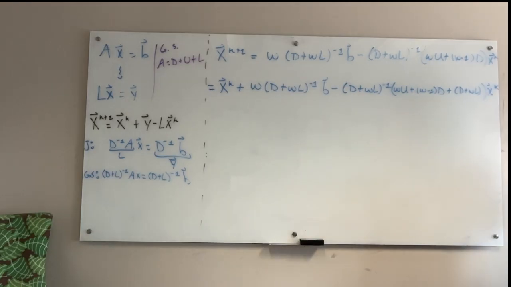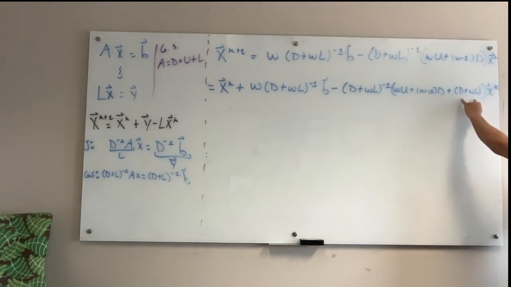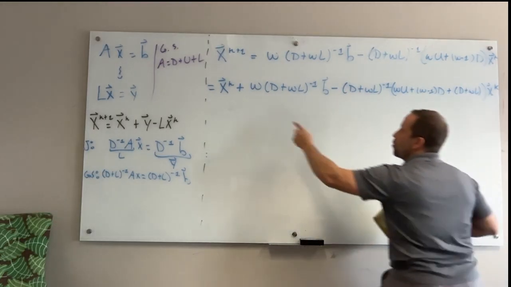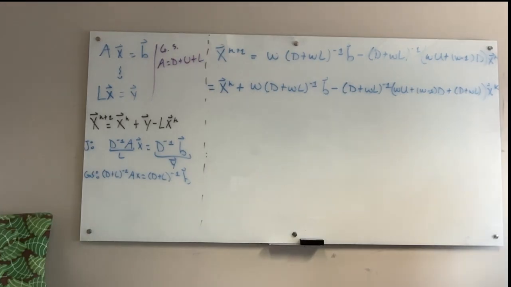So why does this work? If you take this (D plus omega L) inverse and distribute it, you get the identity matrix, and then plus x^k is just x^k. We don't have that term up there, and there's a minus sign, so x^k minus this times that gives me 0.